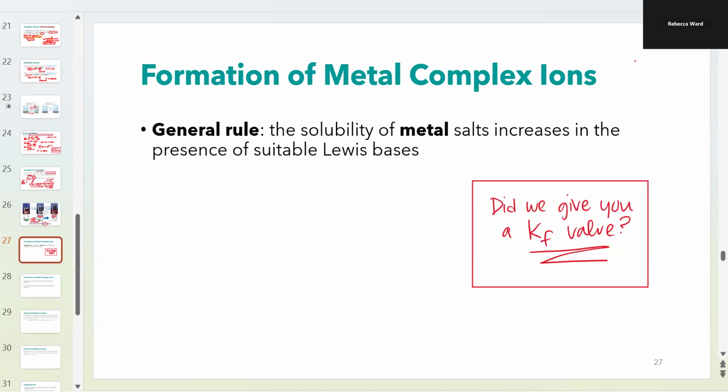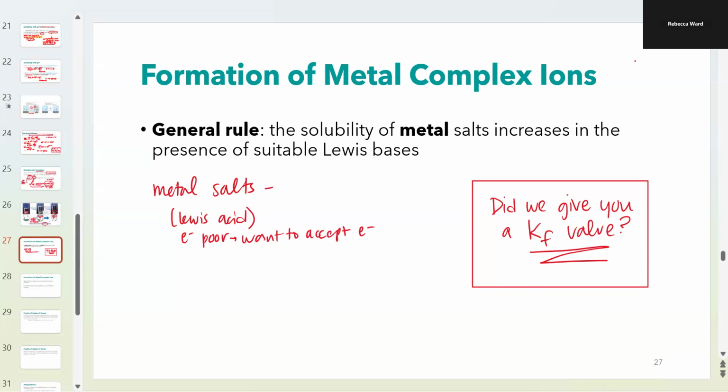The general rules though are that metal salts increase solubility. Metal salts are where we have a cation, which I would consider a Lewis acid, because they are cations, so they are electron poor. Therefore they want to accept electrons.